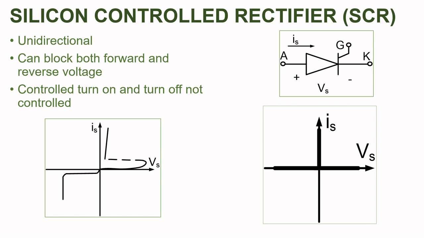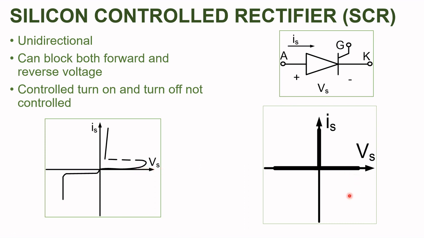The characteristics of SCR are shown in this figure. Here we can see it is capable of blocking forward voltage as well as reverse voltage, but only up to a particular instant.